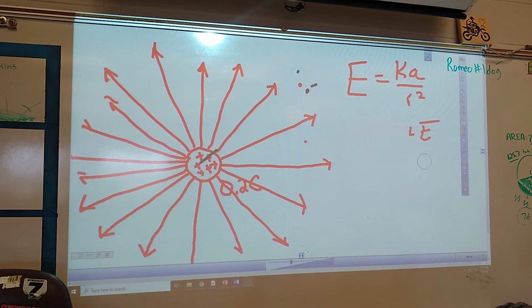So if we look right here, we can do some simple math. E is equal to, K is 9 times 10 to the 9th times the 0.2 Coulomb charge, and the distance we're away is a half a meter, 0.5 squared.